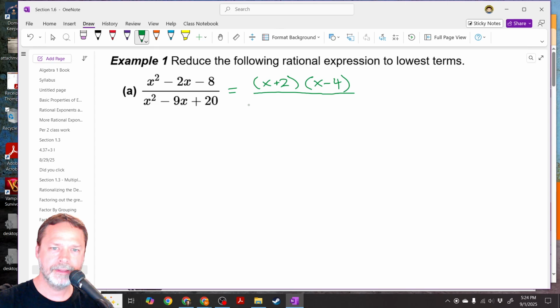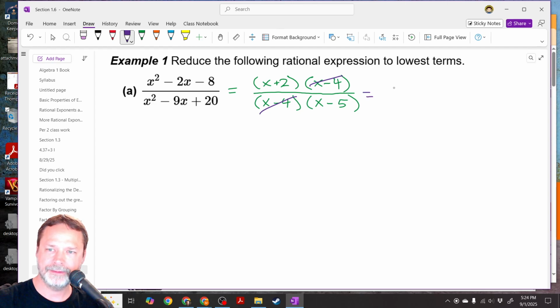Denominator, what do we get? Let's see, 4 times 5 is 20, 4 plus 5 is 9. My little tricks that I know. So let's go x minus 4 times x minus 5, and we get our factors for the denominator. Cancel out anything in common. X plus 2, nope, no x plus 2 is on the bottom, but x minus 4, yes.